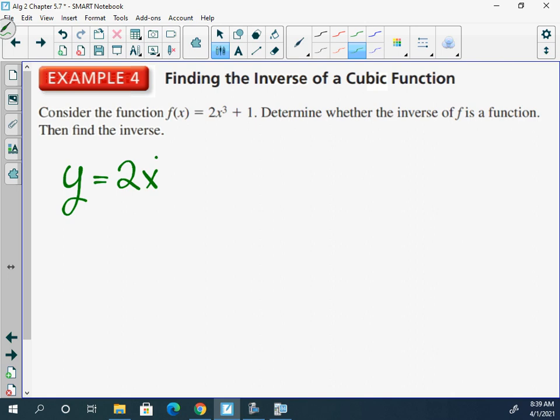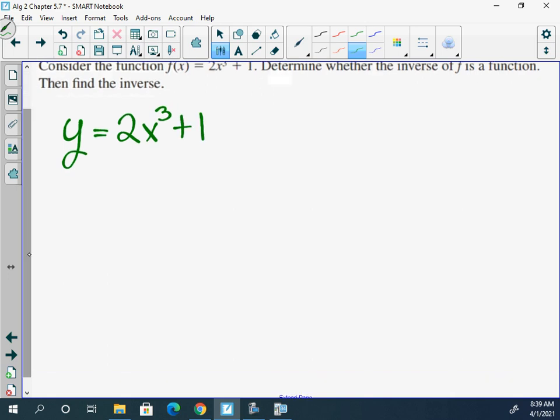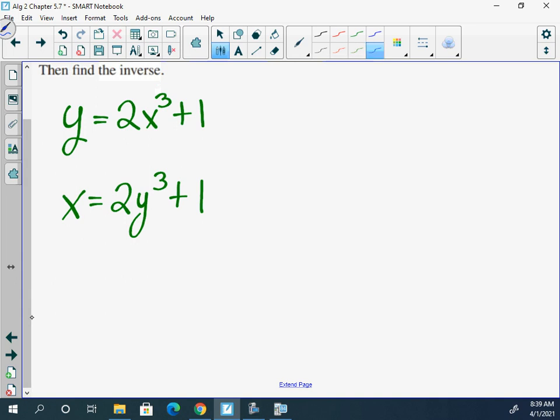y equals 2x cubed plus 1. Yes, we'd have x equals 2y cubed plus 1. We switch that x and y. And now what? Yes.